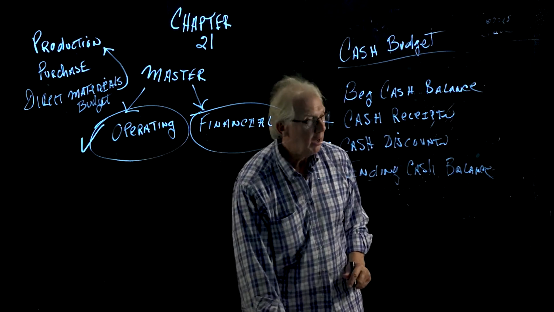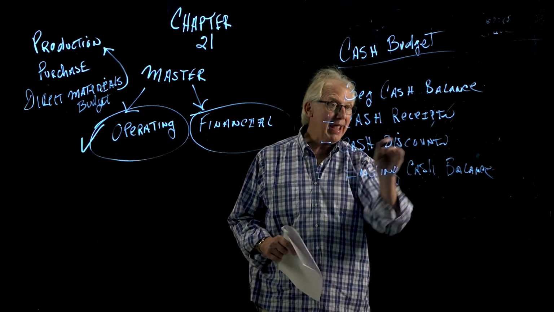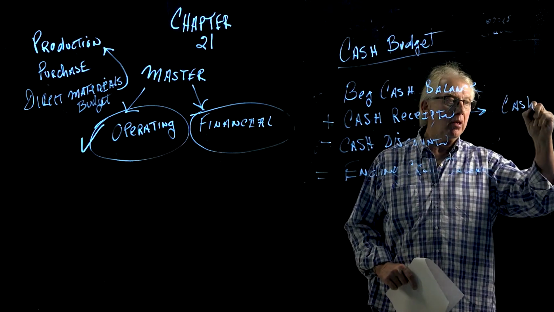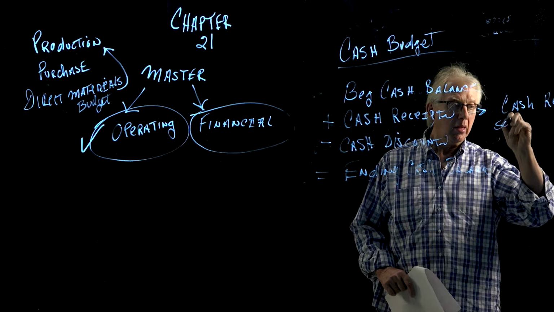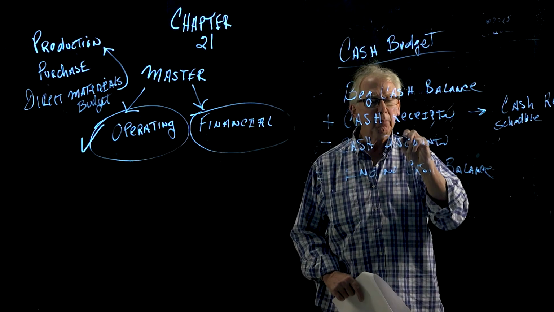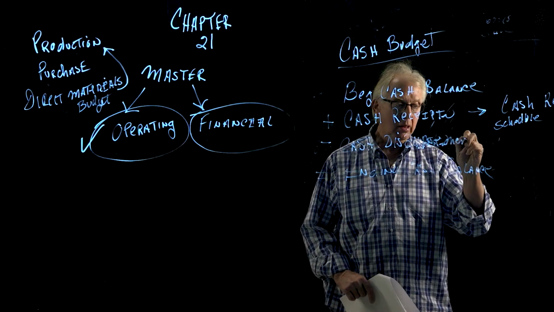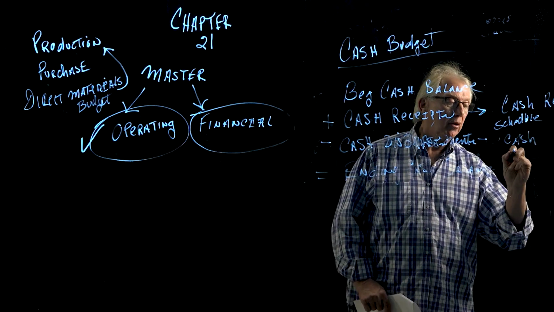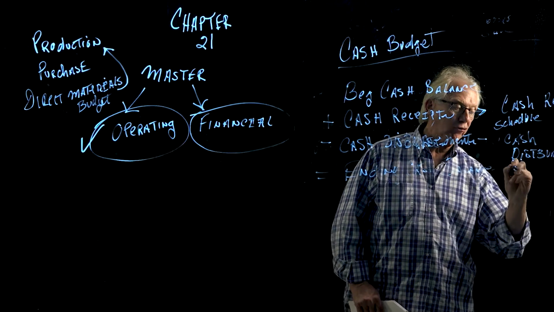Now, that's the cash budget. But we break cash receipts down into what we call a cash receipt schedule. And we break cash disbursements, I'm sorry, it's not discounts, it's disbursements, down into a cash disbursement schedule.